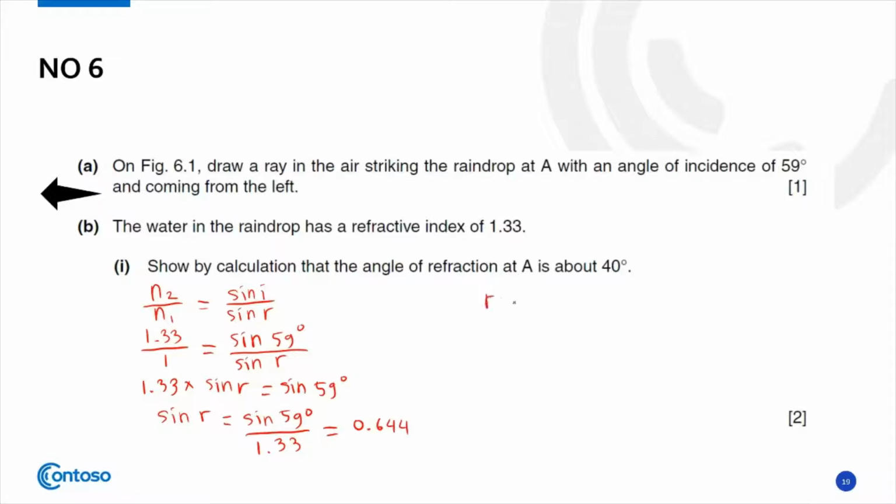So R equals inverse of sine 0.644, which equals 40 degrees. This is a rounded off number.